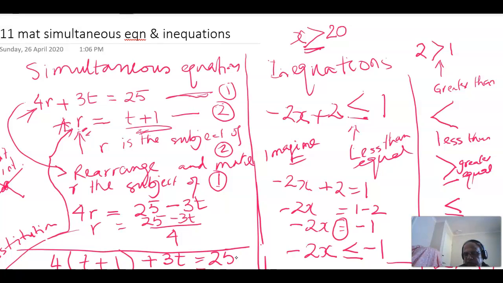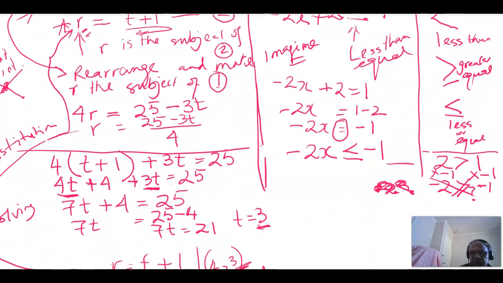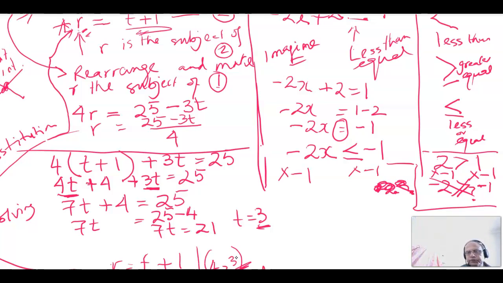Okay, I'm making it more confusing. Just give me a bit of time. So in that kind of situation, if you times both sides by negative 1, the problem will be over.